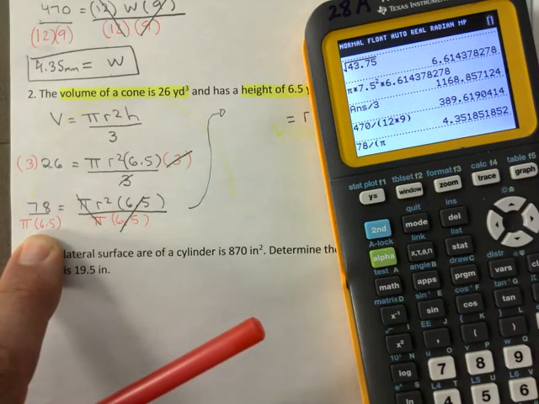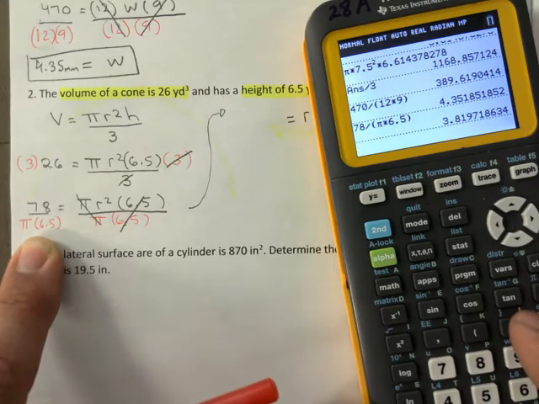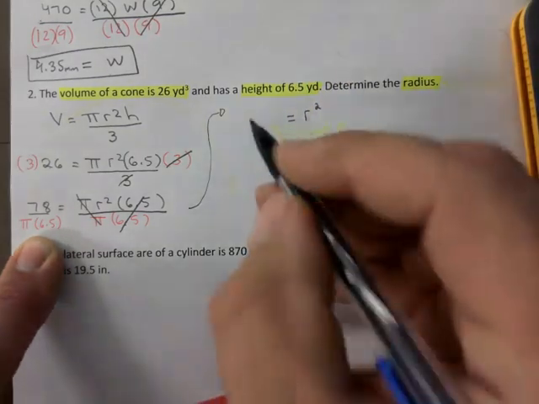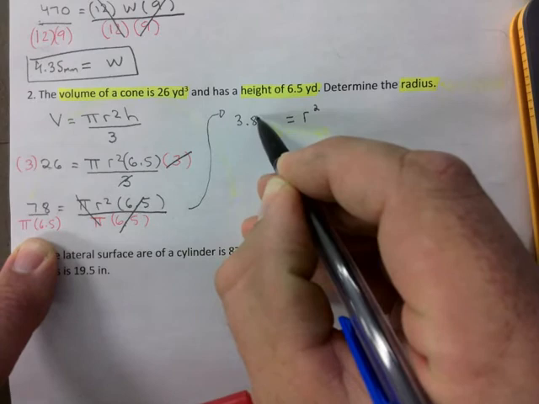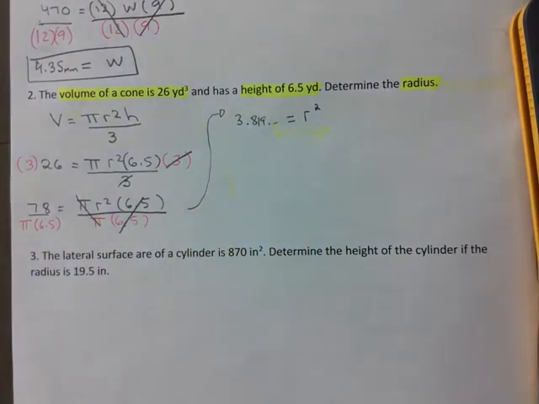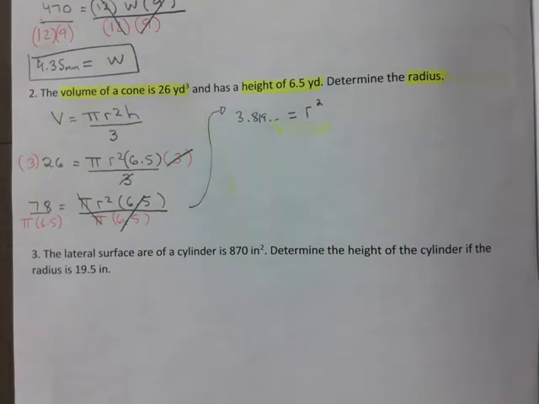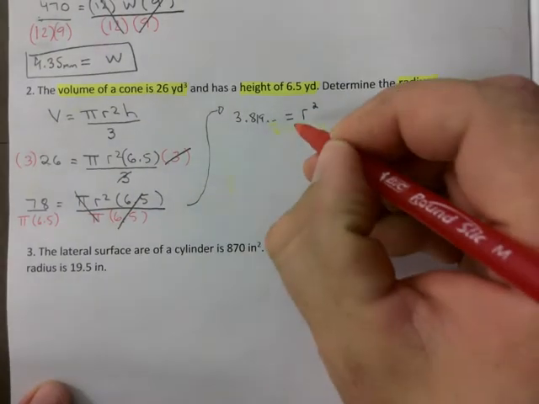Pi times 6.5. So that's 3.819, and I'm not going to round just yet. Dot, dot, dot is the way to go. And you know what happens next. What needs to happen now to get radius? Square root, right? Square root both sides.